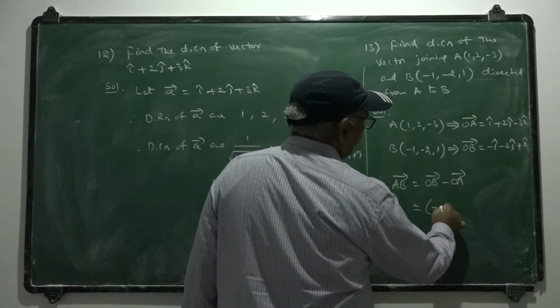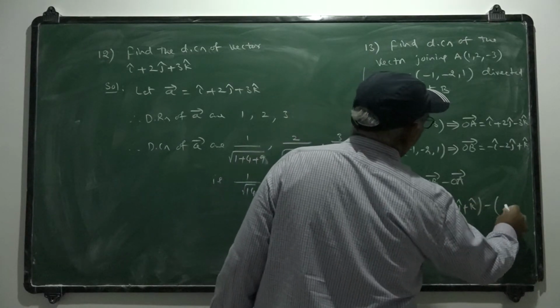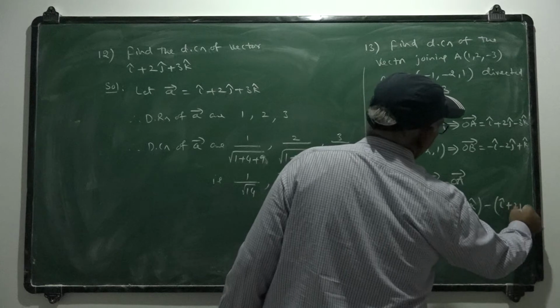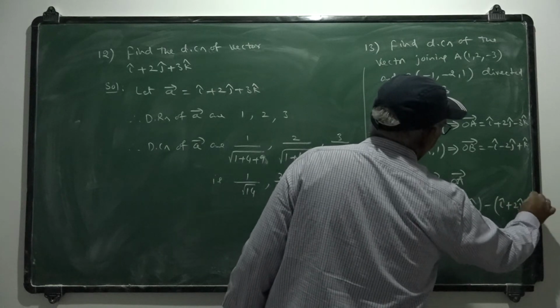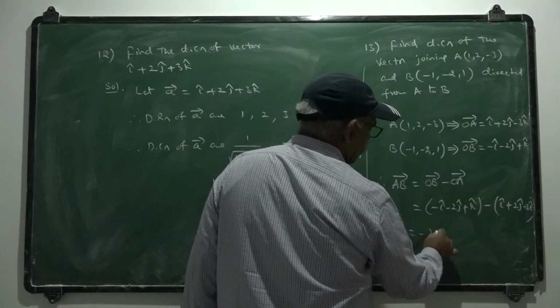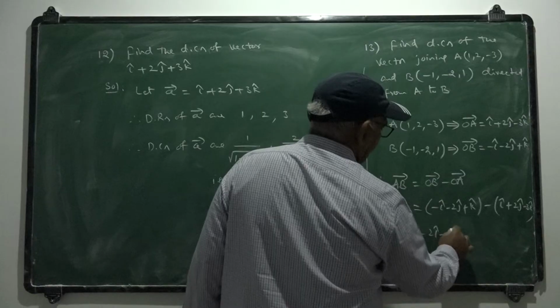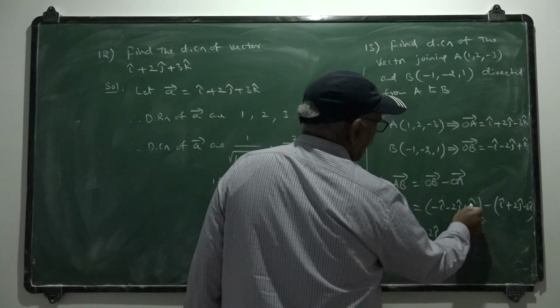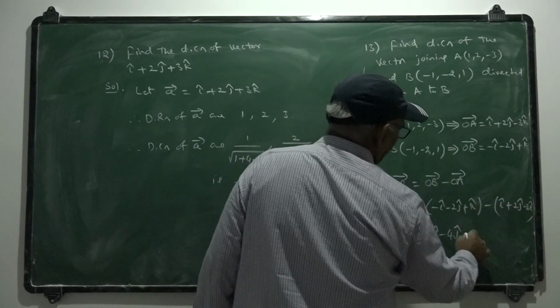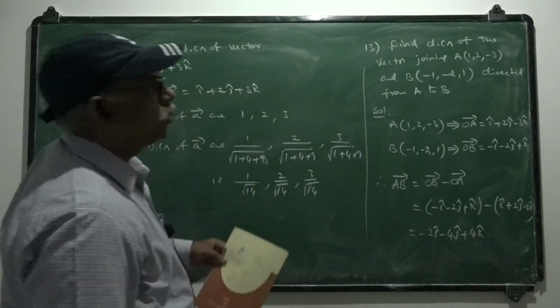Position vector of B minus position vector of A, which is i plus 2j minus 3k. Collecting i terms, minus 2i. Collecting j terms, minus 2j minus 4j. Collecting k terms, k plus 3k, that gives us 4k. Now the DCs.